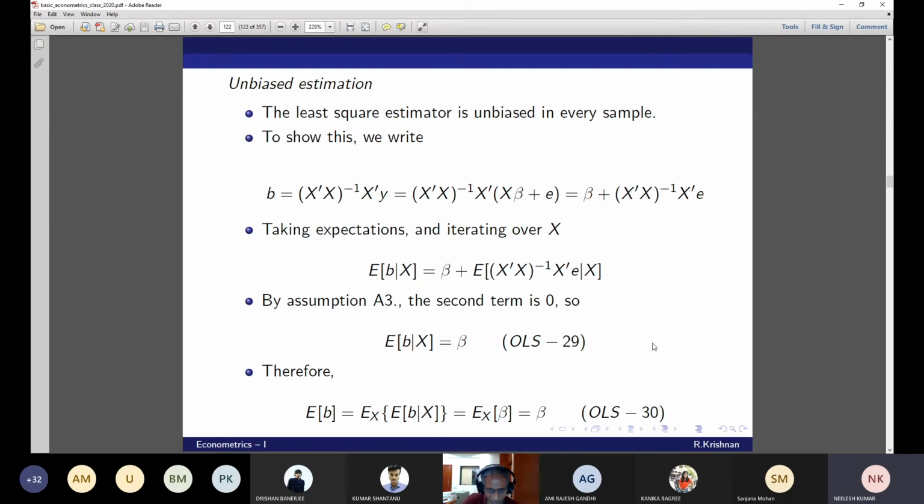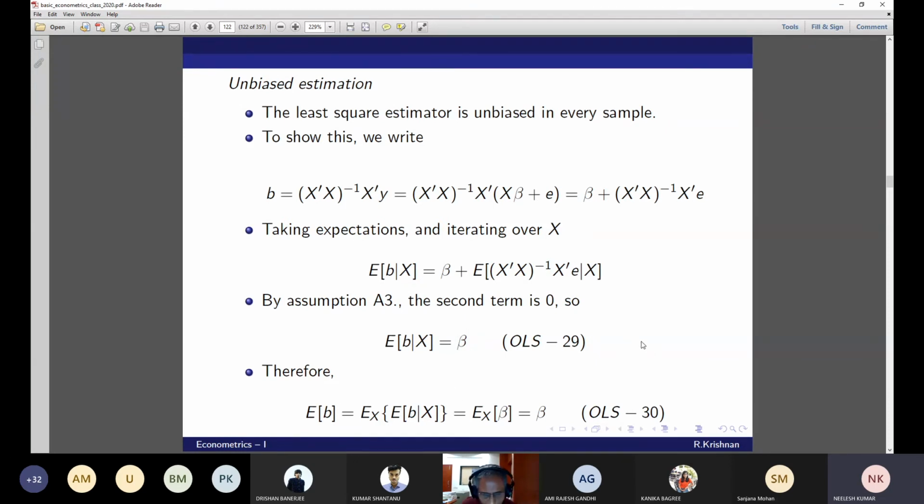What does the law of iterated expectations tell you? OLS 29 is conditional on a particular X. Now OLS 30 gives you the unconditional result. This is what we need to prove.